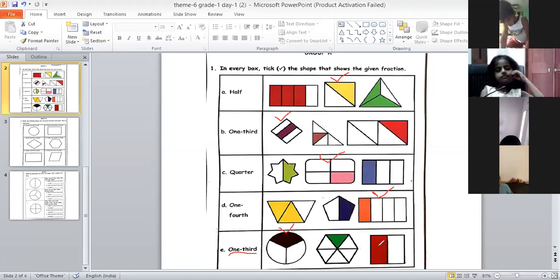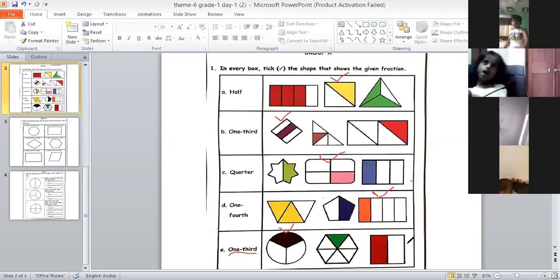1/3, half, or 1/4? 1/3. Mayuri, if it is 1/3, then it should be divided into 3 parts. But this is divided into 2 parts only. So this is not representing 1/3. Now tell me, is it quarter or half? Half. Yes.